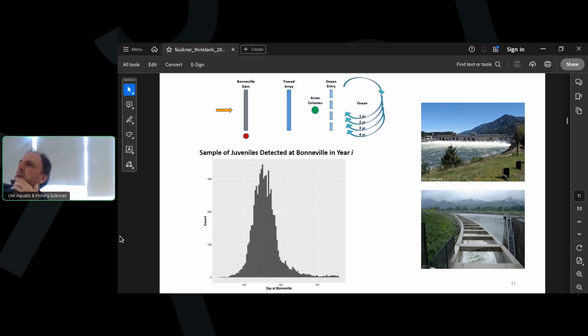That went in 2006. So we have fish detected entering our system, what we're calling our study site, at Bonneville Dam. We're going to stratify it by daily. And I don't really point this out, but they can also be first detected at the towed array and enter the system that way. Okay, next.